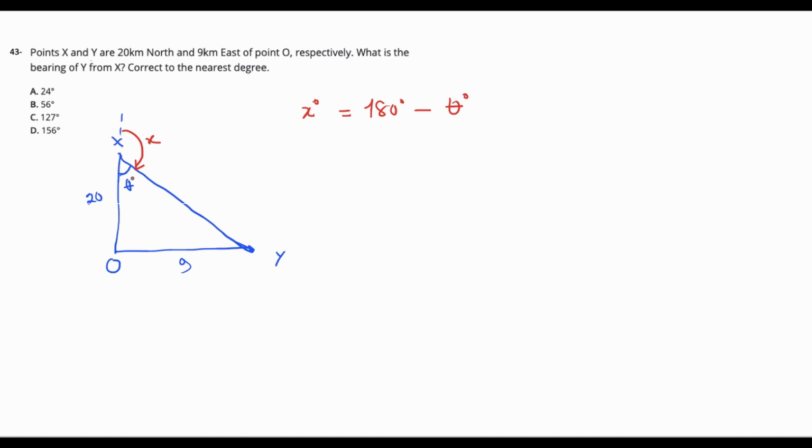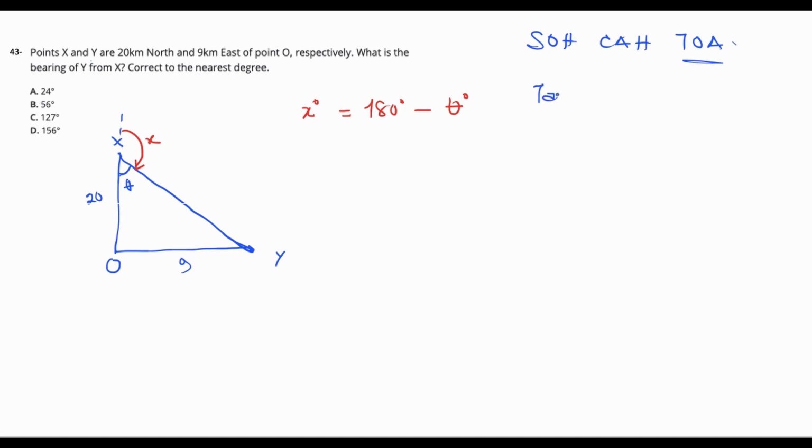So first, let's find theta. Now, how do we find theta? Well, let's go to our legendary SOHCAHTOA. Now, this is the angle we're concerned with. So we know that 9 kilometers right here is the opposite of this angle, and 20 kilometers right here is the adjacent. So what function here relates opposite and adjacent? And that's the tan.